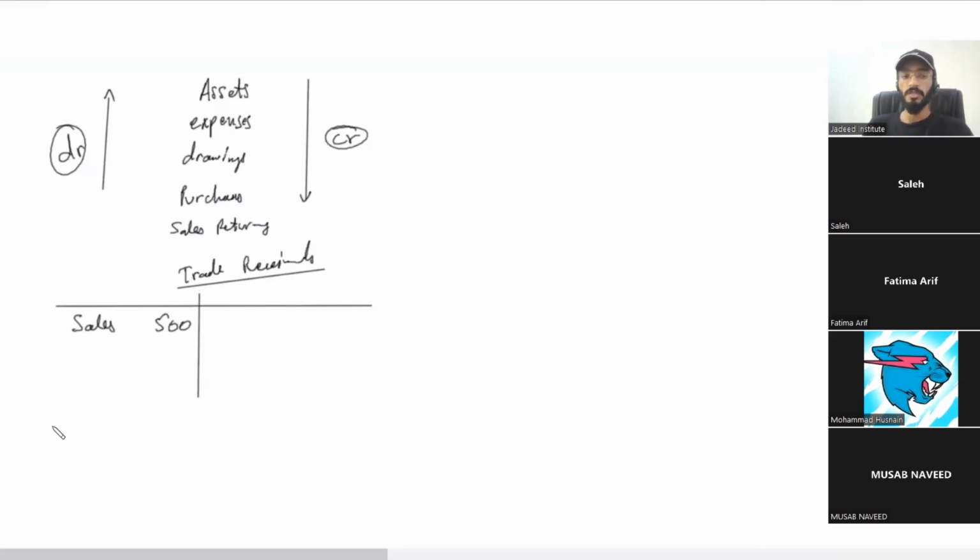The same way drawings work. If we talk about drawings or purchases, let's say purchases. When you buy goods, your purchases are going up. Purchases means goods for resale are going up, and you paid, let's say, cash for it. Do we see purchases in this list? Yes. And when purchases are going up, where do we write them?